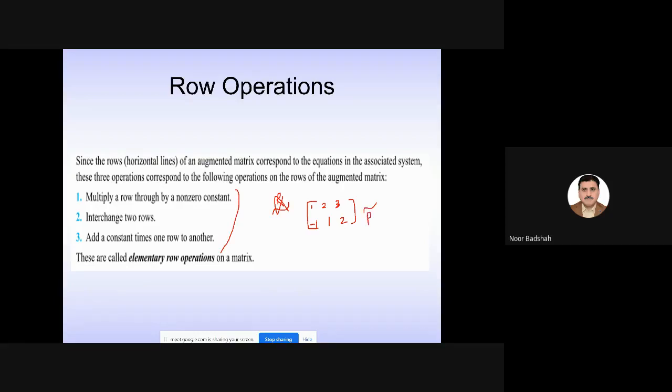If you say interchange rows 1 and 2, it becomes -1, 1, and 2. That is 1, 2, and 3. Okay, so we applied the operation R1,2. So this matrix is row equivalent to this. These two matrices are not the same, you see. They are different, but they are equivalent.